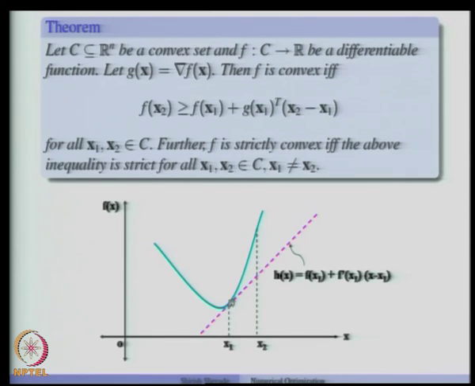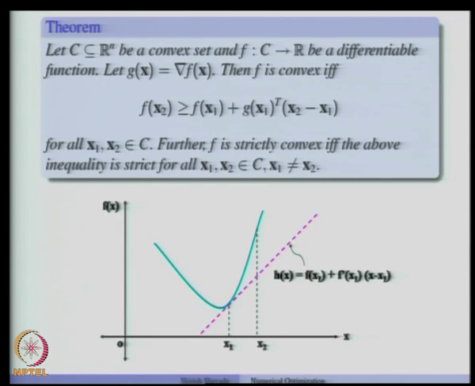This line, the affine approximation that we have taken here, always lies on or below the function. Now, this theorem is very important to characterize convex functions. Remember that the function is convex if and only if this holds. So, if this holds, then we can definitely say that the function is convex. We will study some other implications of this theorem later.